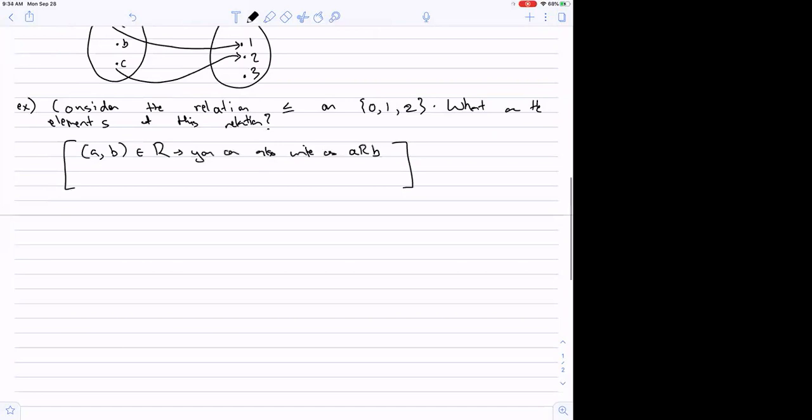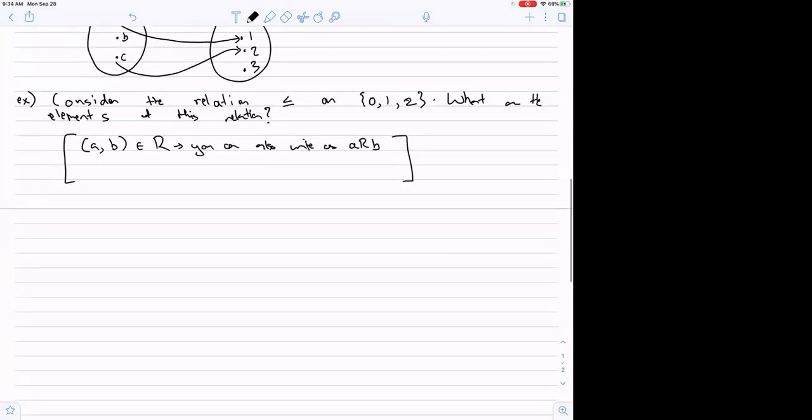The reason why I like this notation, and why I mentioned it for this example, is because when we have the relation of less than or equal to, we can use that instead of R, and it's easier to see what's going on. Okay, so we have this relation less than or equal to on 0, 1, 2.